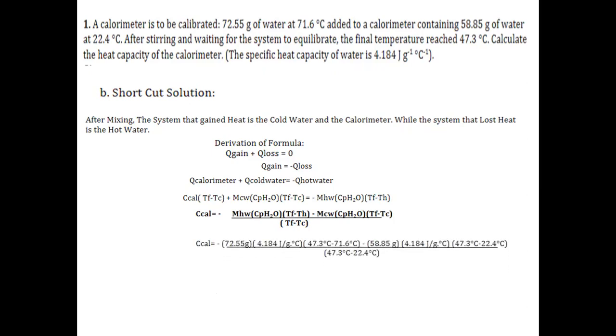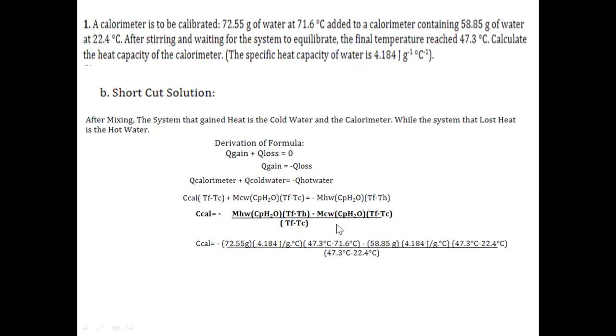Now, if we're going to plug in the values, this gives us the following: negative of 72.155 grams multiplied with 4.184 joule per gram degree Celsius times the change in temperature, 47.3 degrees Celsius minus 71.6 degrees Celsius.